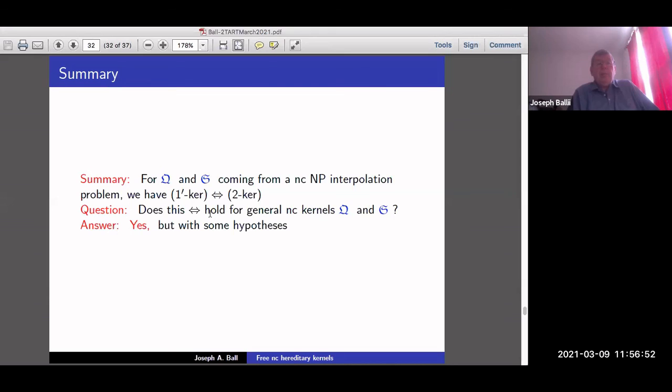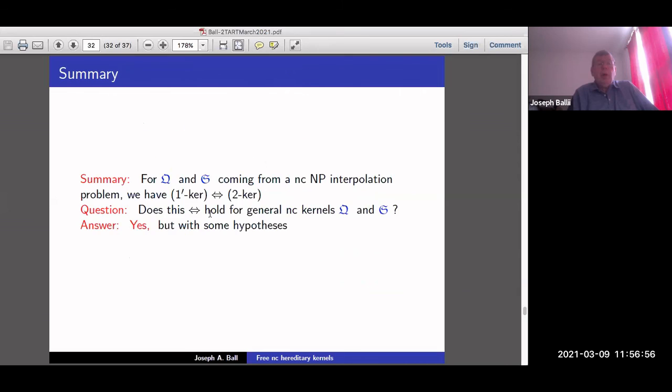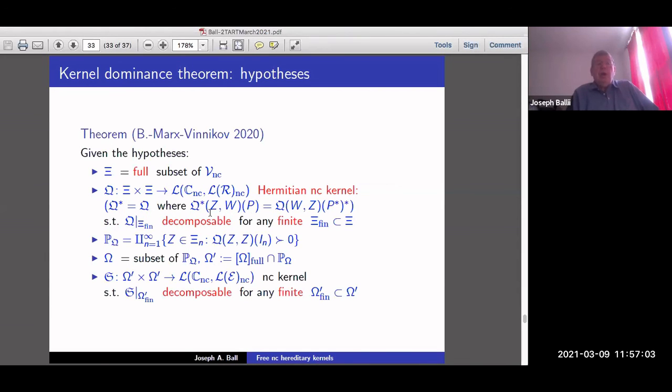And the answer is yes, with some hypotheses. We call it the kernel dominance theorem. You have C is a full subset of non-commutative V, which means it has some extra properties I won't go into. You have Q is a Hermitian non-commutative kernel.